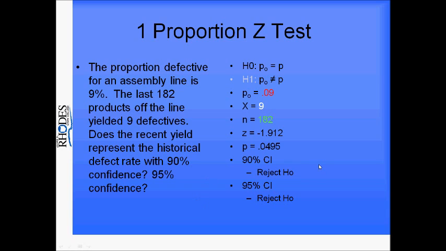So 0.025 is your critical value. So in that case, we would fail to reject in that particular one. So you caught me, I need to change that. For 95% confidence we would fail to reject because your critical value is that 0.025.